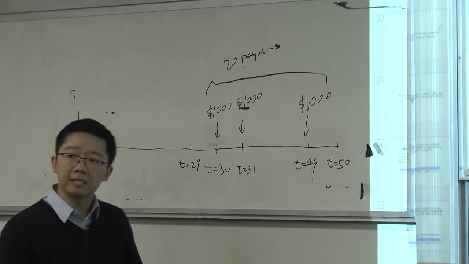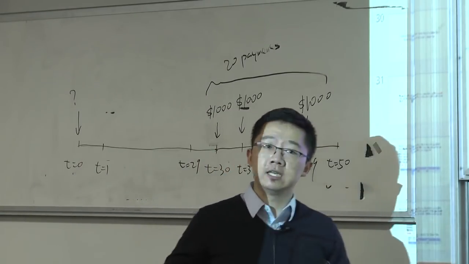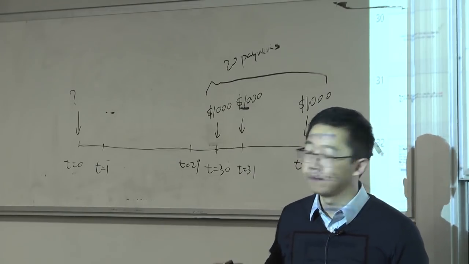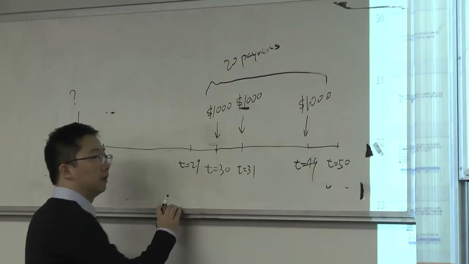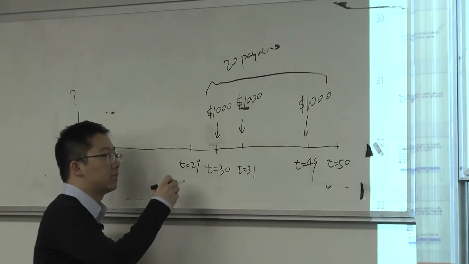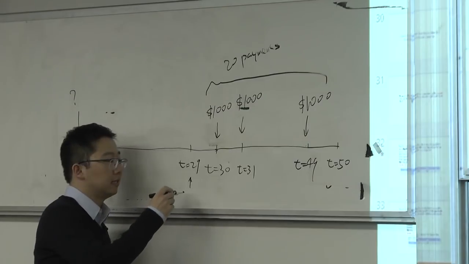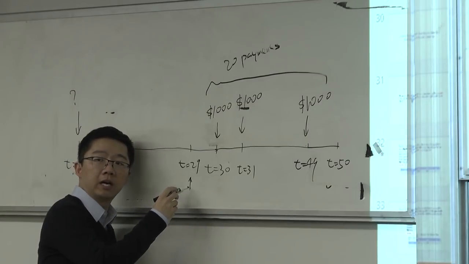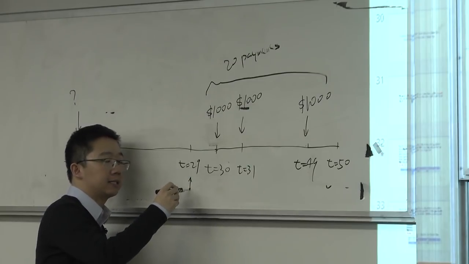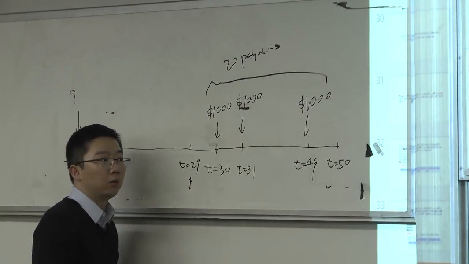Right. So that is annuity, and we know how to calculate the present value of an annuity. Say if it's an annuity, we are standing right here. Let's say we are standing right here, and we are evaluating the present value of those 20 cash flows as of this date. What do we use?